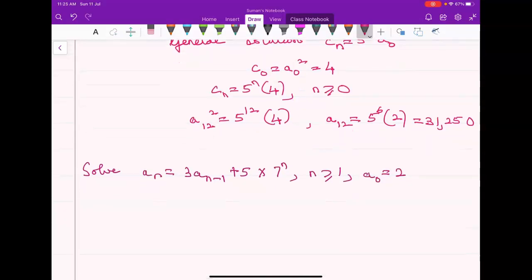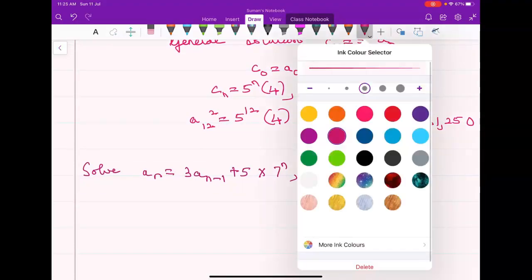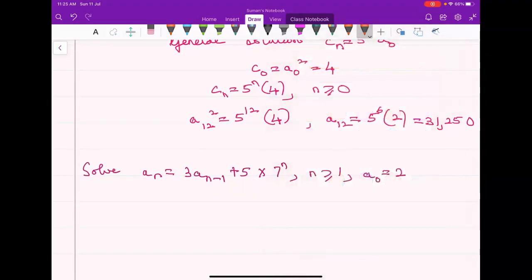And for a non-homogeneous recurrence relation, what is your solution? Your general solution, which we saw already, is: a_{n+1} equal to 3a_n plus, first we convert it to n plus 1, so a_{n+1} is 3a_n plus 5 into 7 raised to n plus 1, and this applies for n greater than or equal to 0.